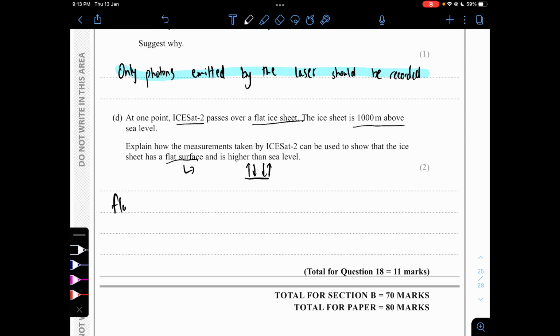So flat surface would mean the same time taken by the photons to return to the satellite.